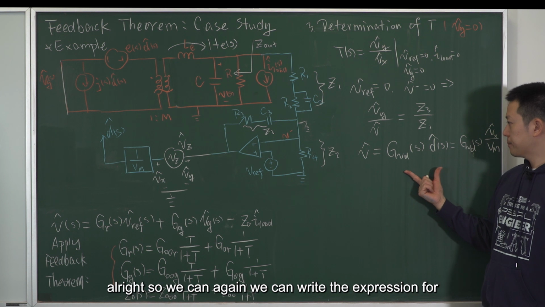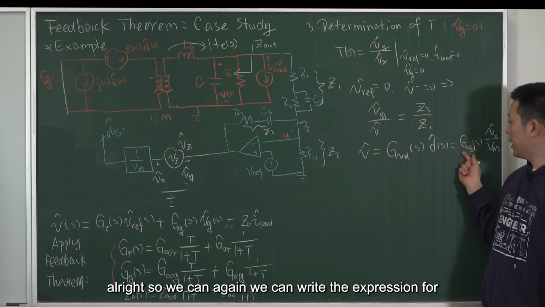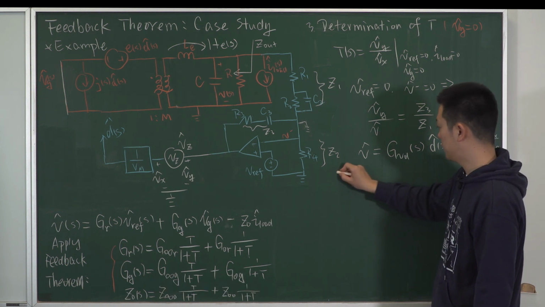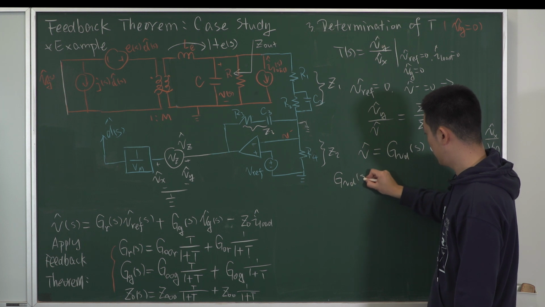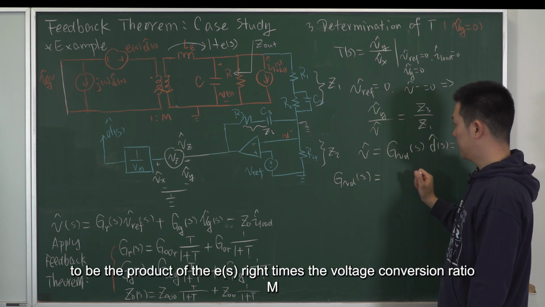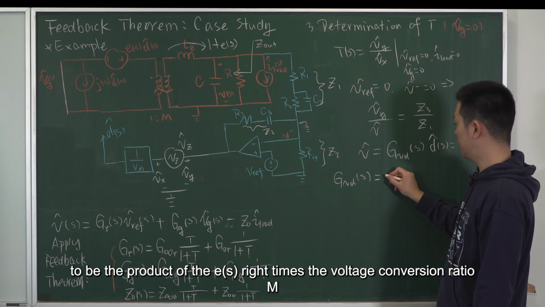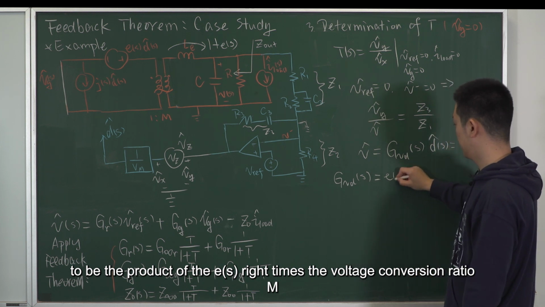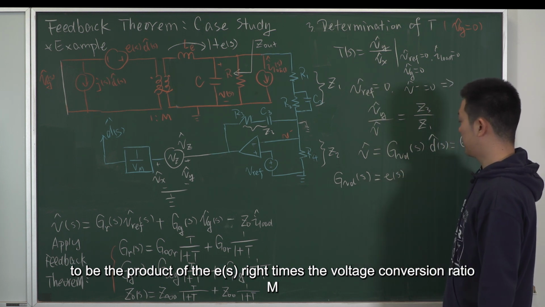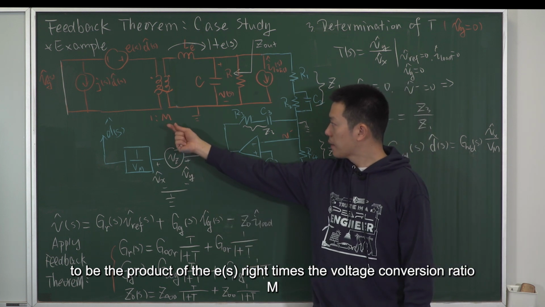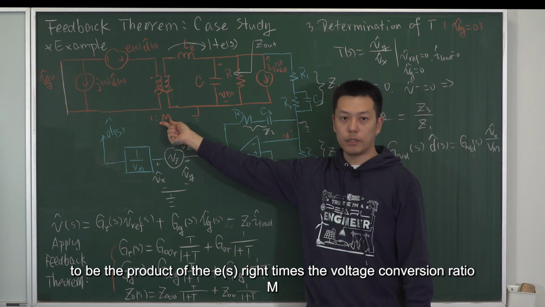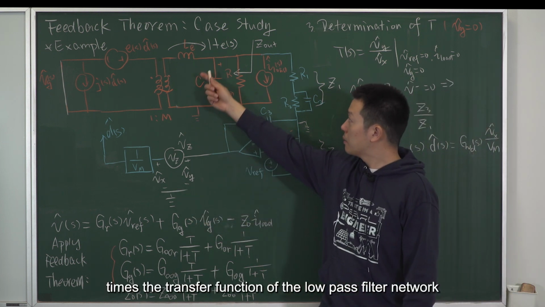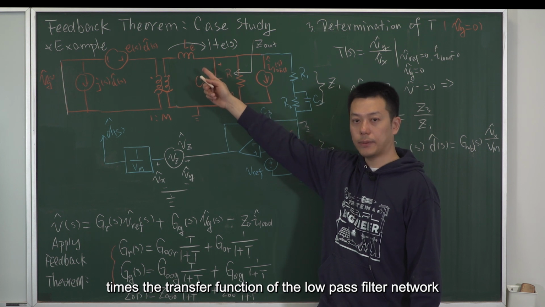All right, so we can write the expression for GVD, control to output transfer function, to be the product of the Es, right, times the voltage conversion ratio M times the transfer function of the low-pass filter network.